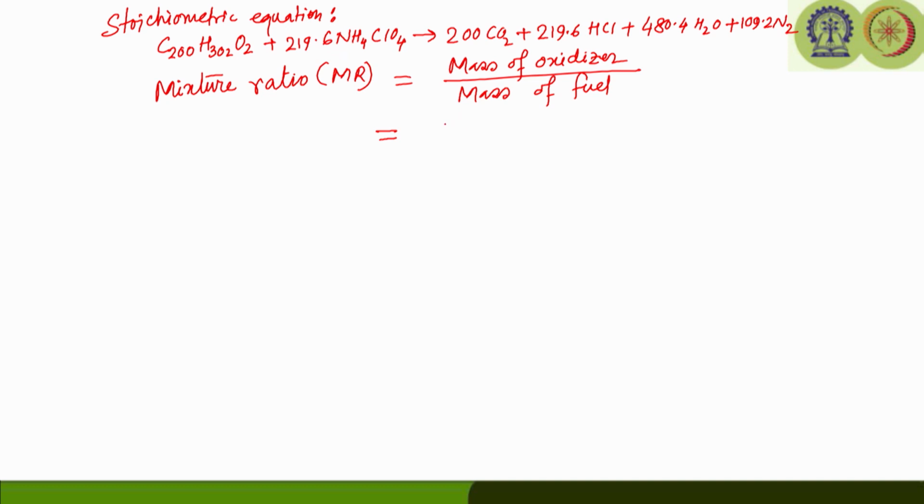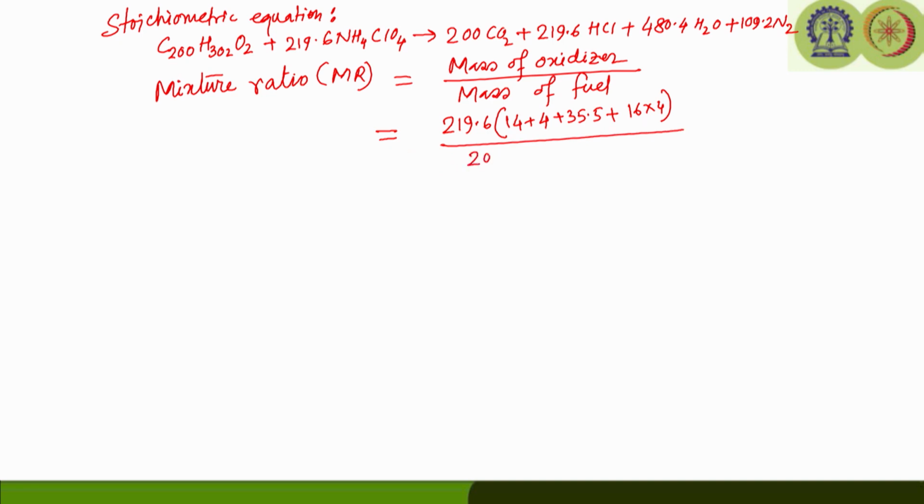So, we can simply get 219.6 into the molecular weight of NH4ClO4. We can write for N it is 14, 4 into 1 for hydrogen, for chlorine it is 35.5, for oxygen it is 16 into 4, divided by the fuel here.